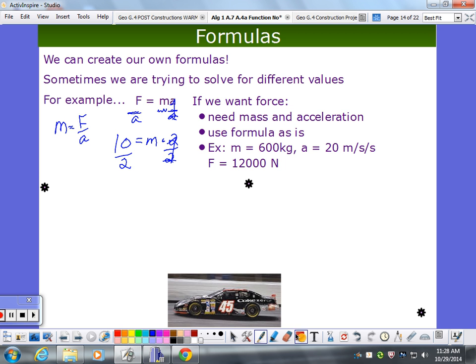Let's try a different one. F equals MA. Let's say I know force and I know mass, but I want to find acceleration. How would I get acceleration all by itself? Divide by M, because what's M over M? 1. So A equals F over M.